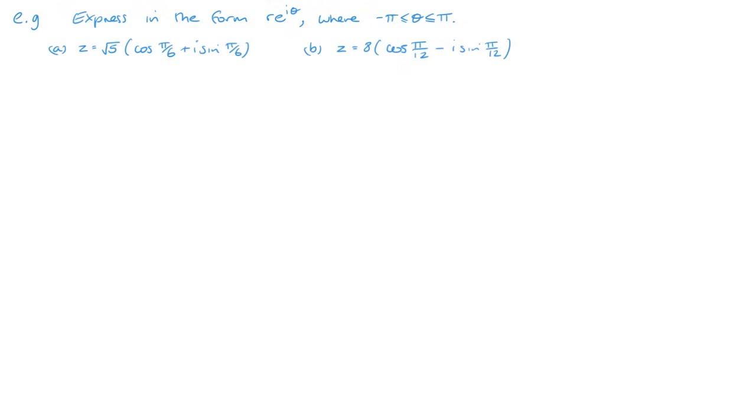So here I have to express it in the form r e to the i theta, where theta is between minus pi and plus pi, and that is generally the case for all of these.